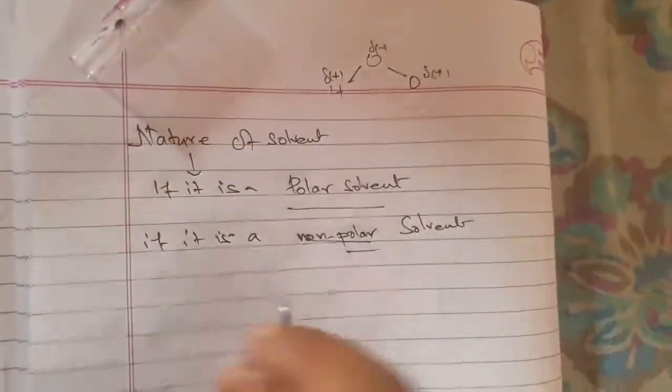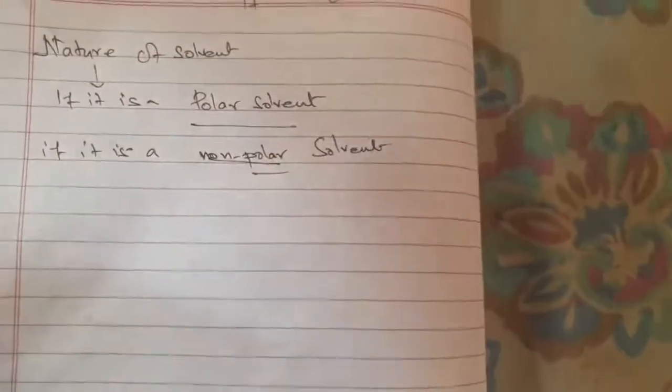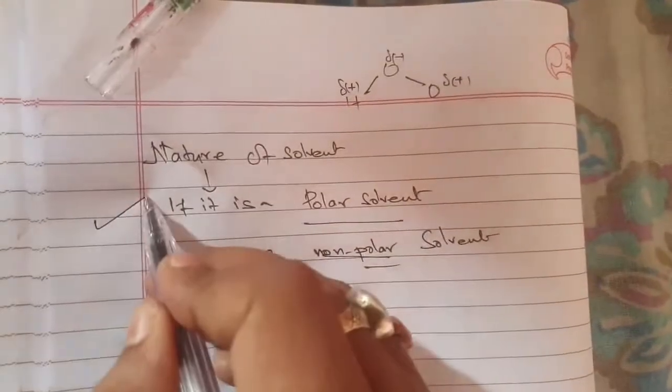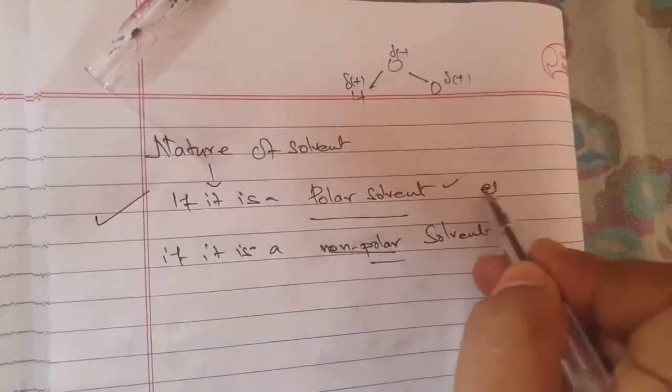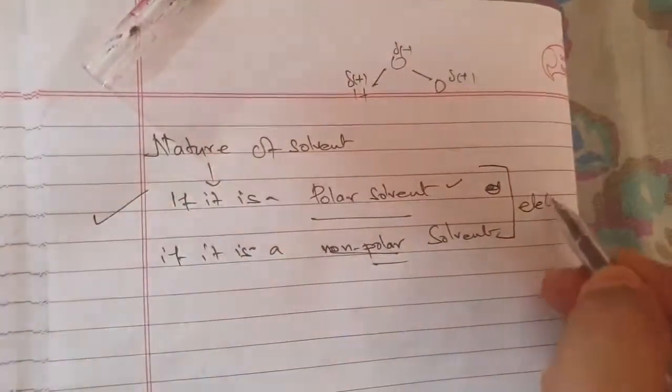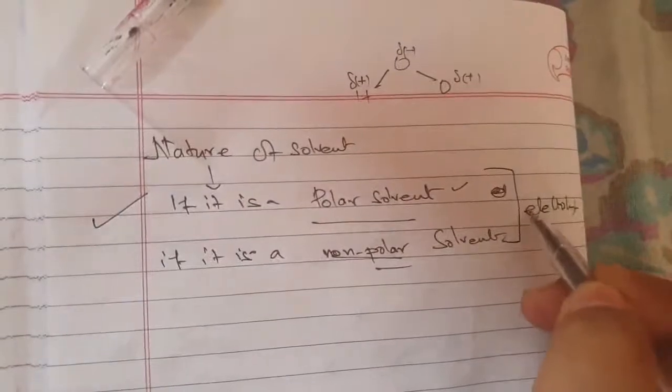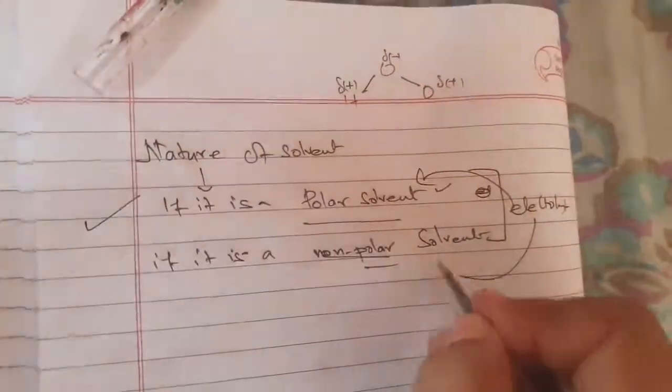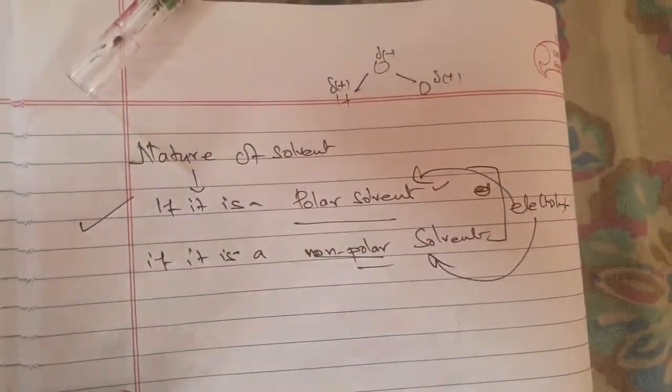And non-polar solvent means the solvents which themselves do not get polarized. So what do you think? Suppose a particular electrolyte is there. In a polar solvent there will be more dissociation, or in a non-polar solvent?